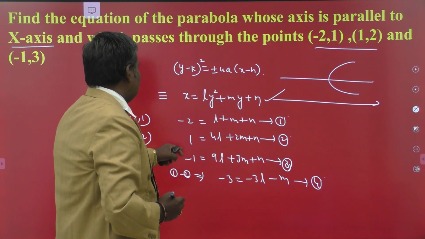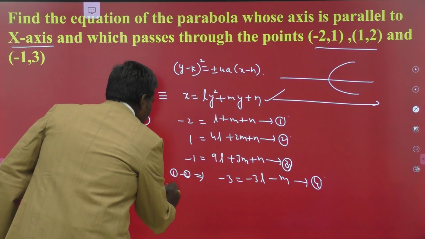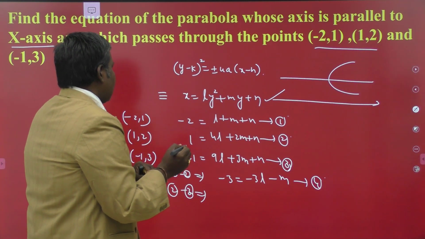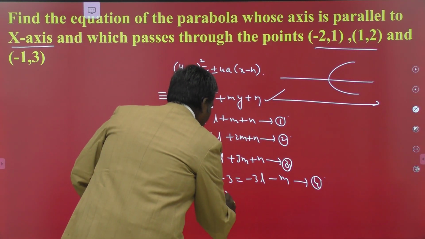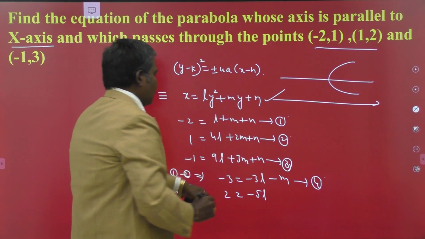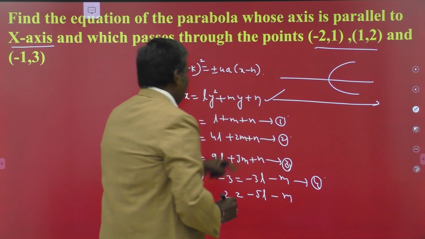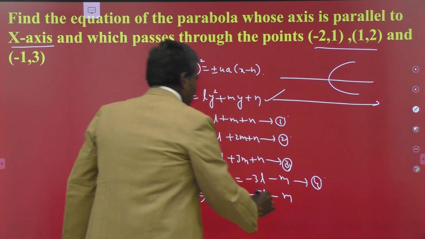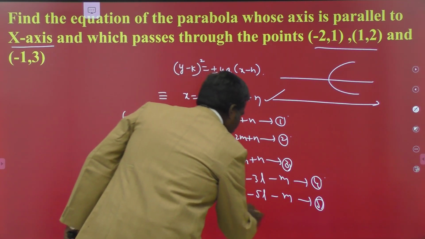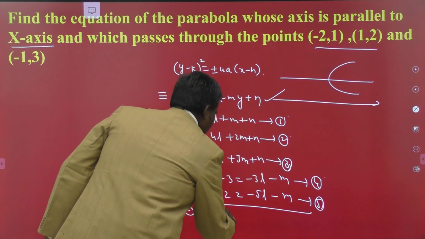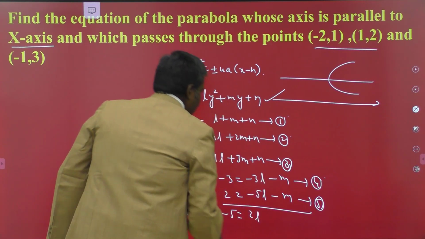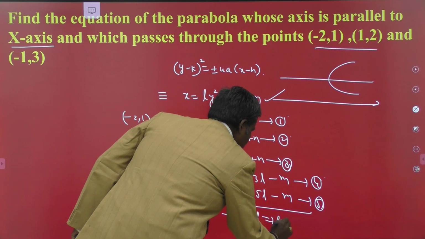And you subtract 3 from 2, that is 2 minus 3. 1 minus of minus 1, that is 1 plus 1, 2 is equal to 4 minus 9, minus 5l, and minus m is there. You have n minus n, 0. This is the fifth equation. Again subtract these two equations. We eliminate m also. Minus 5 is equal to 2l. l is equal to minus 5 by 2.